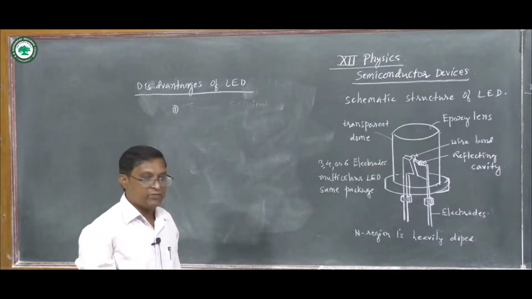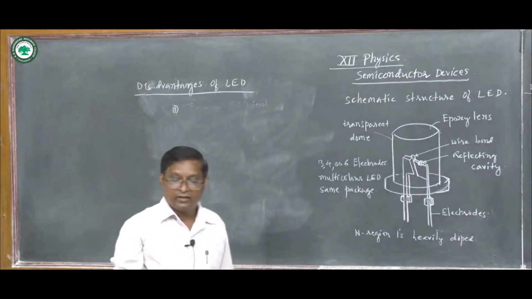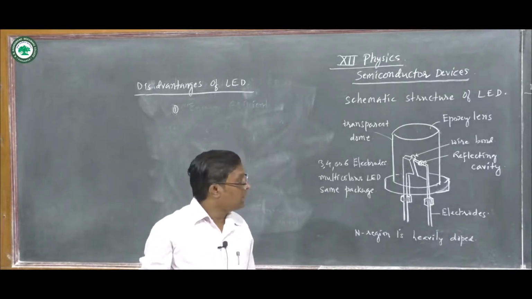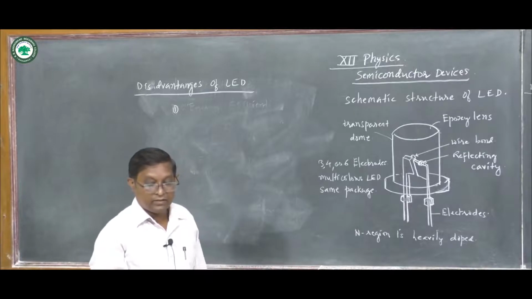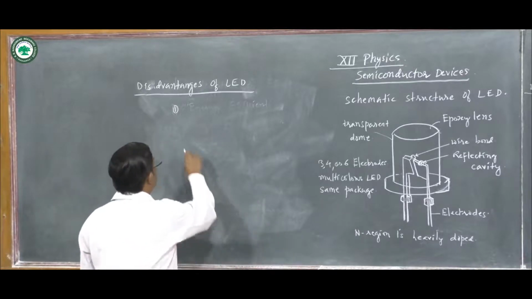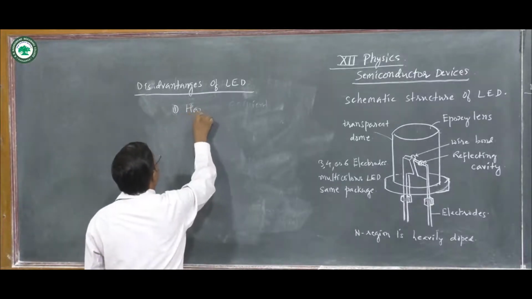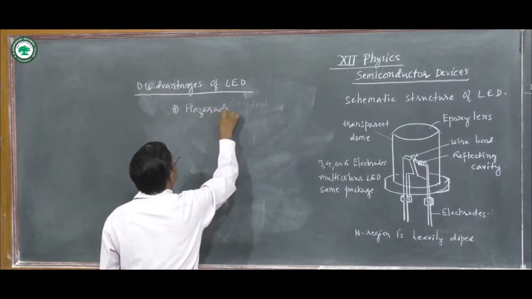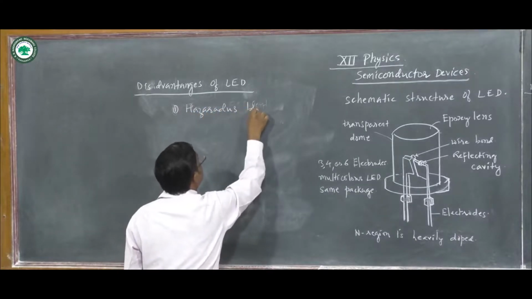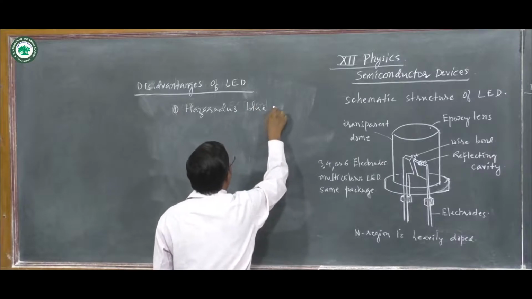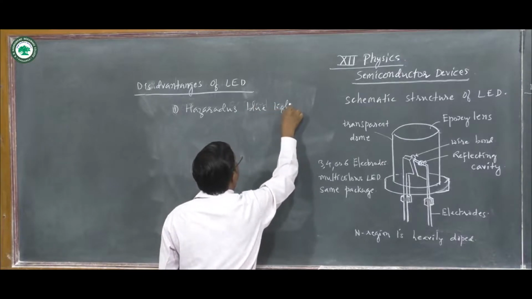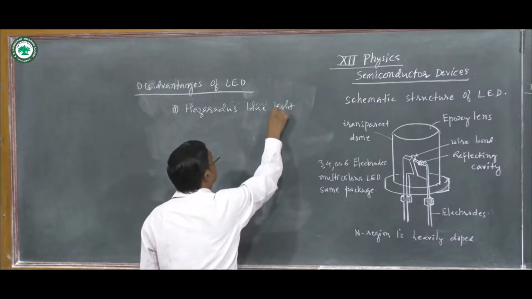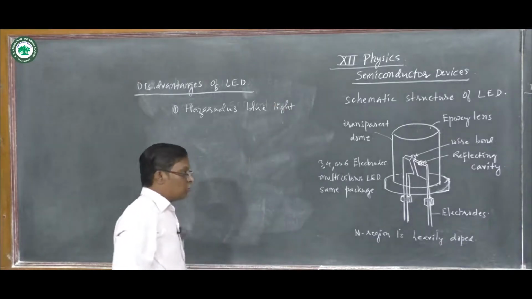The LED which is manufactured for blue light gives hazardous blue light which affects the eye. Continuous exposure to this blue light can affect the vision of the human eye.